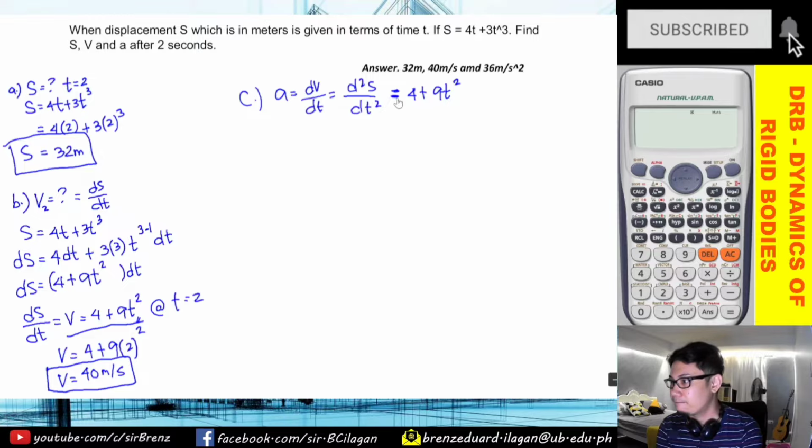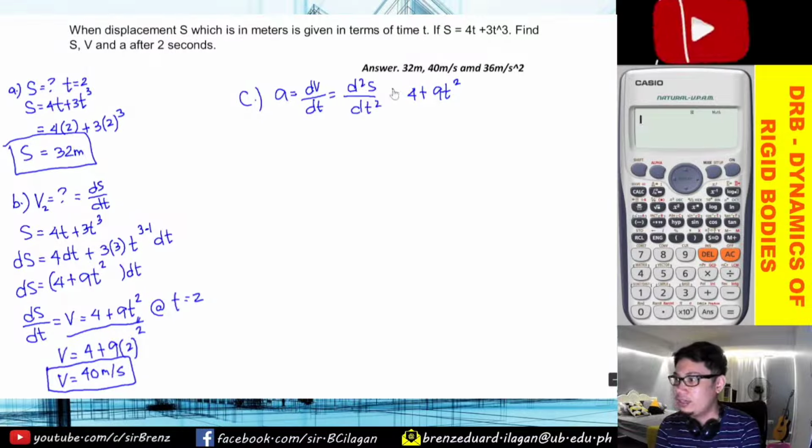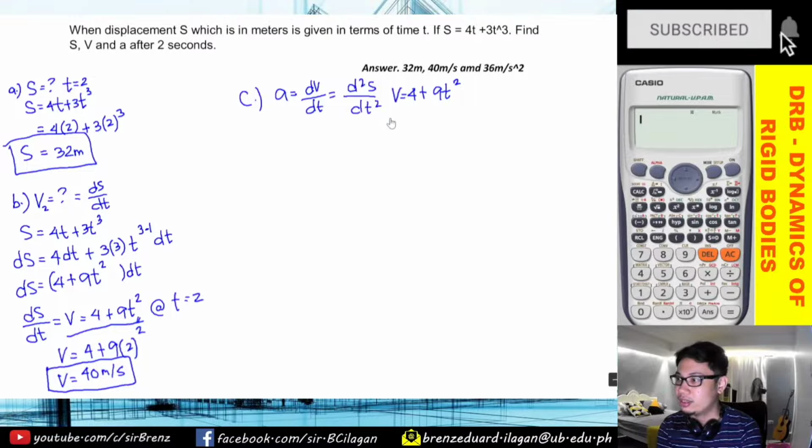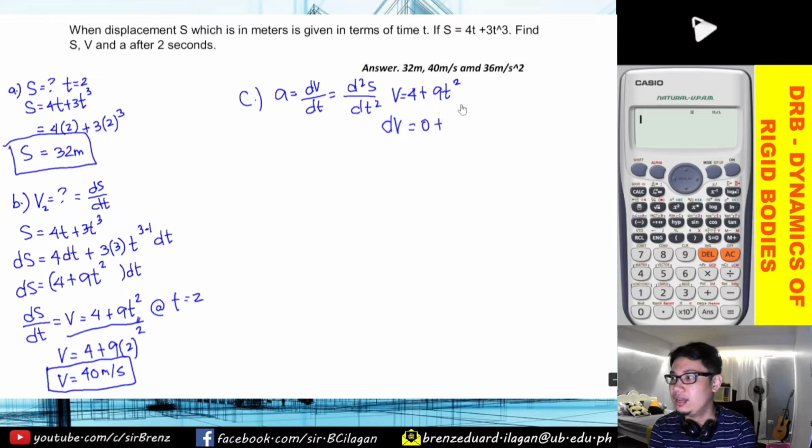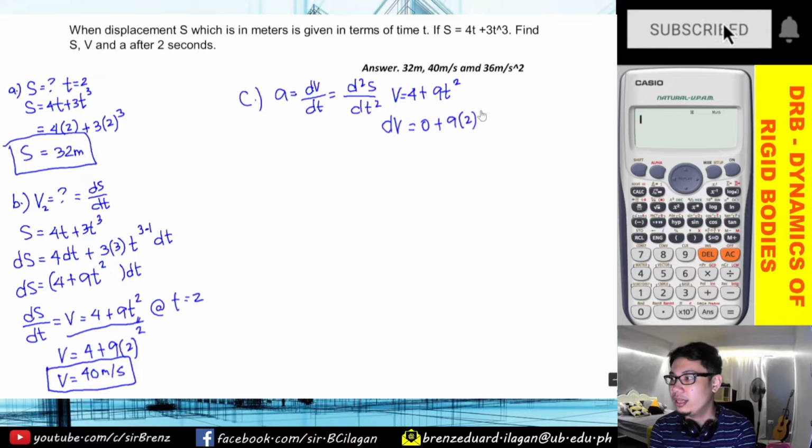Sorry, dapat pala hindi ko siya isinama dito kasi magkakaroon tayo ng confusion. So, again, given yung velocity na equation, ang gagawin mo lang dito is take the derivative of this equation. Magiging dv siya, differential of v, equals derivative ng constant is 0 plus, ito again, bababa, so 9 times 2, and then yung t mo raised to 2 minus 1, t.